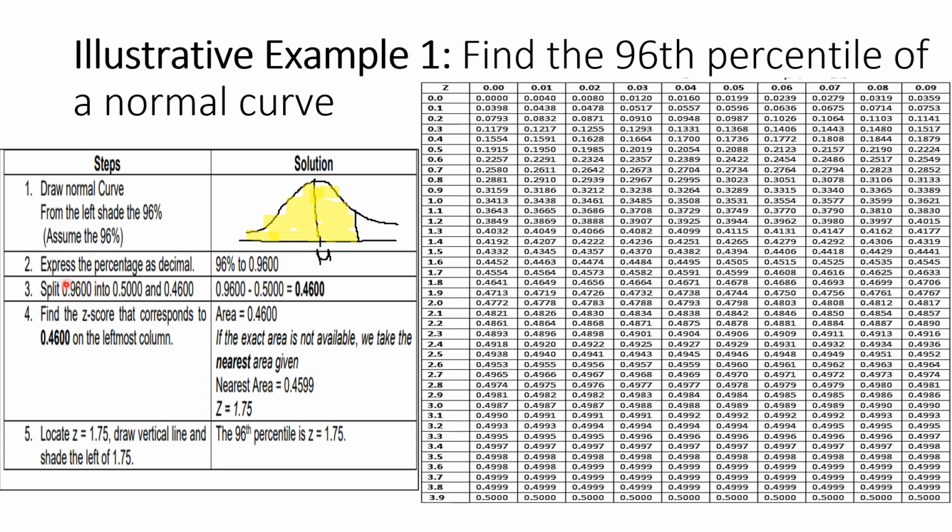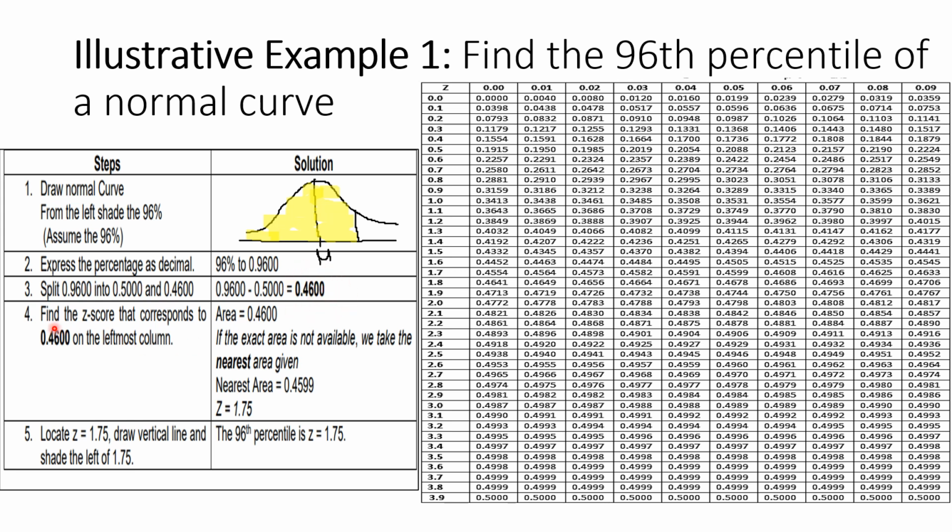For step 3, we will either add or subtract 0.5 depending on our percentile. Since 96% is above 0.5 or the 50th percentile, we subtract 0.5 from 0.96 and the answer is 0.4600.